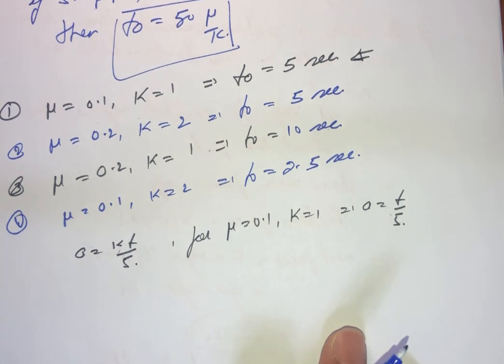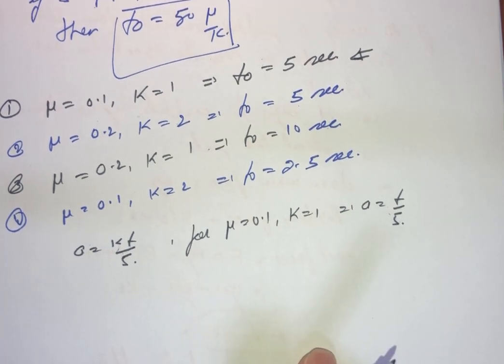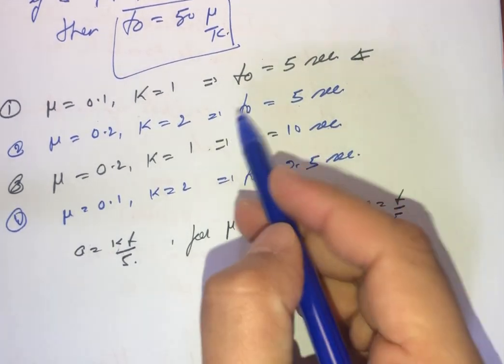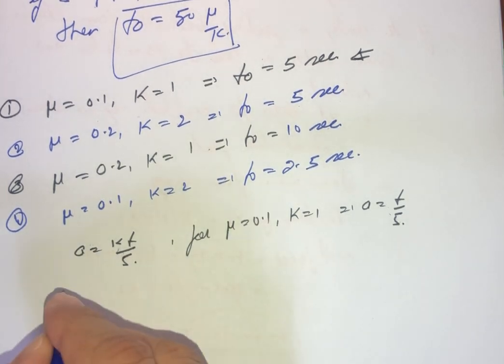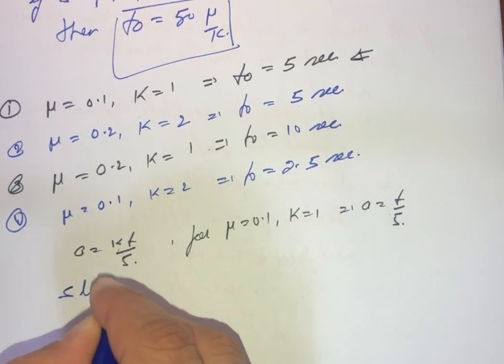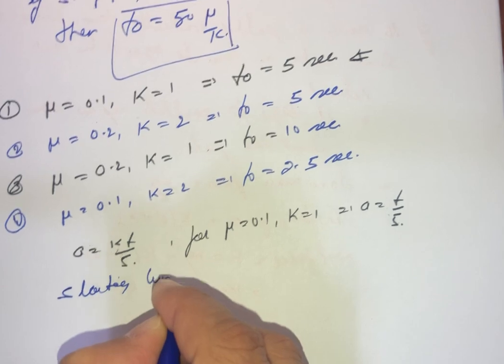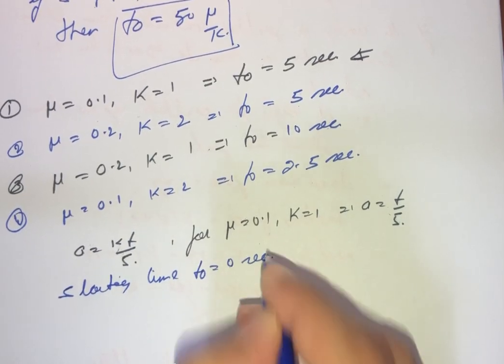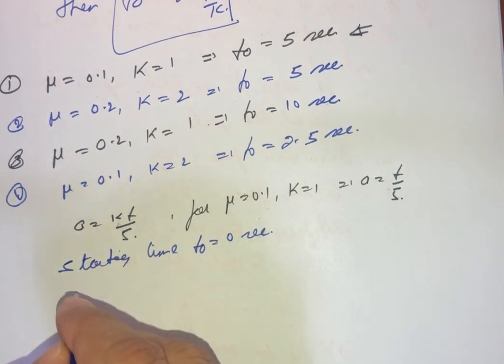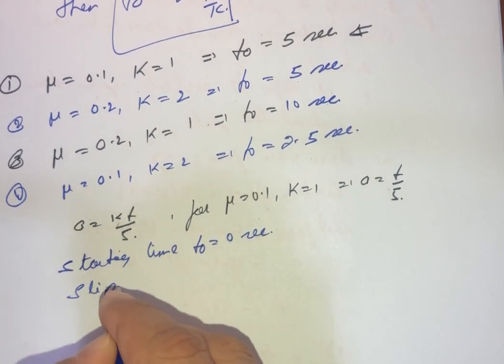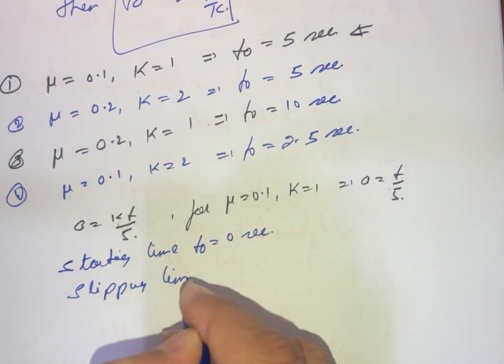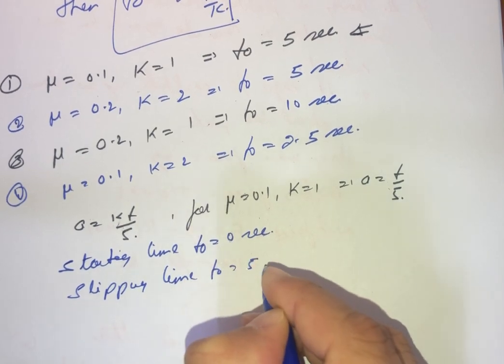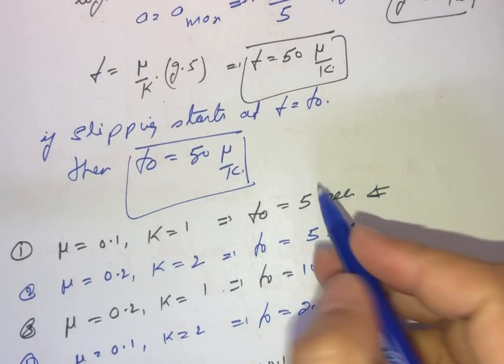It is given that the starting time t naught is 0 seconds and the slipping time is t naught equal to 5 seconds.